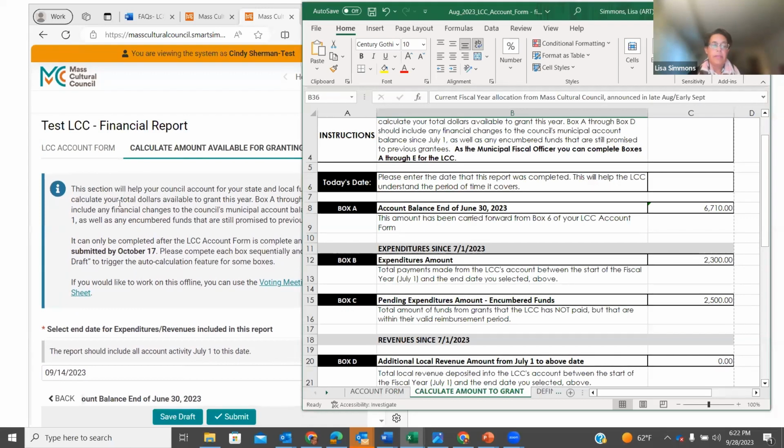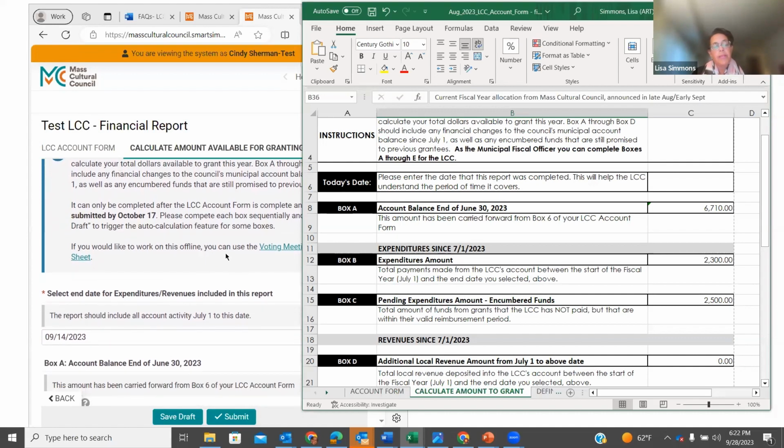Again, we have great instructions if you get stuck, if you're not quite sure what you're supposed to put in these slots. And then the other great thing too is that if you want to do this offline, we have links to log sheets and things that can help you work through the financial part of this.